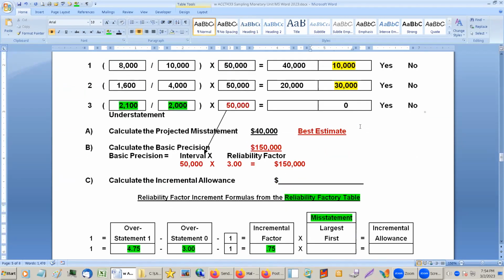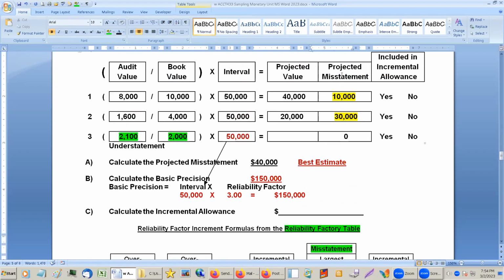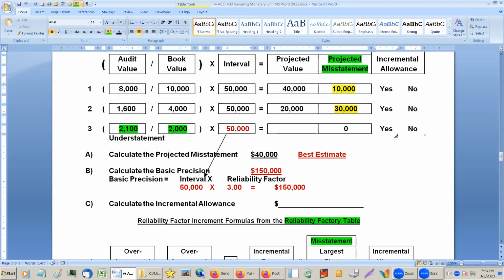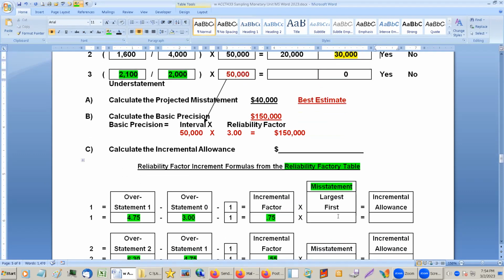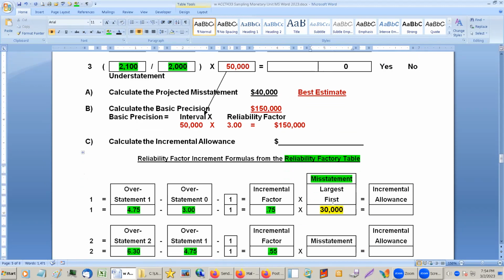Which one is our largest? The 30,000. So this one is up by 30,000, and we're going to multiply that by the 0.75.